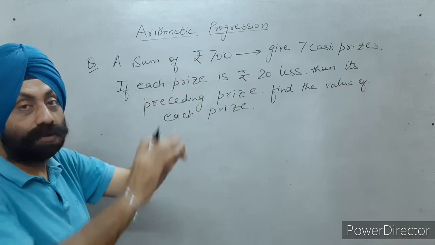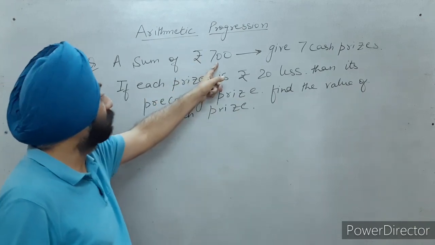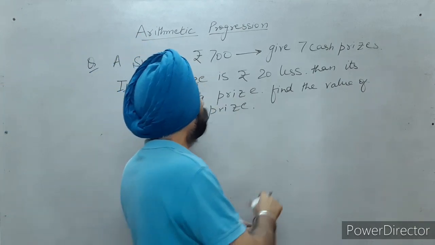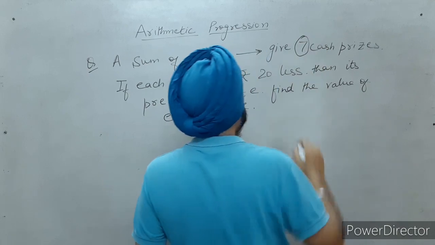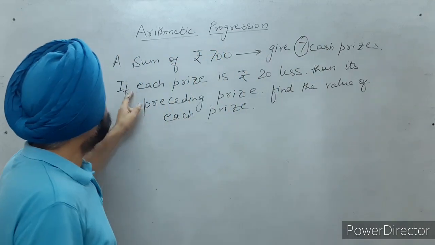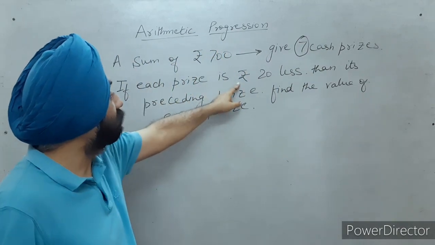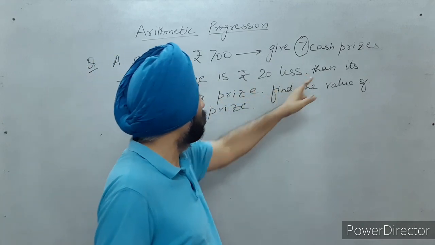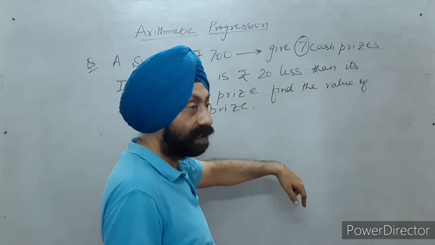Total sum of rupees is how much? 700. How many cash prizes do we have to give? 7. Each prize is rupees 20 less than its preceding prize.